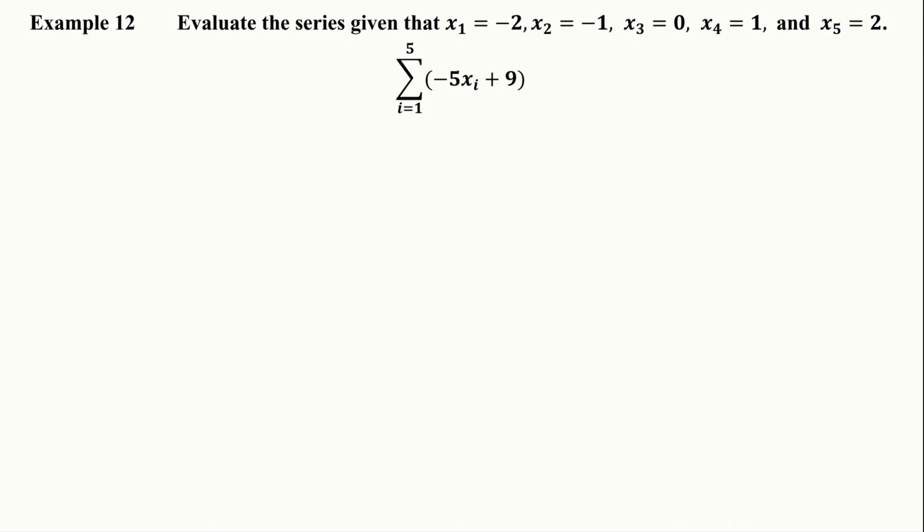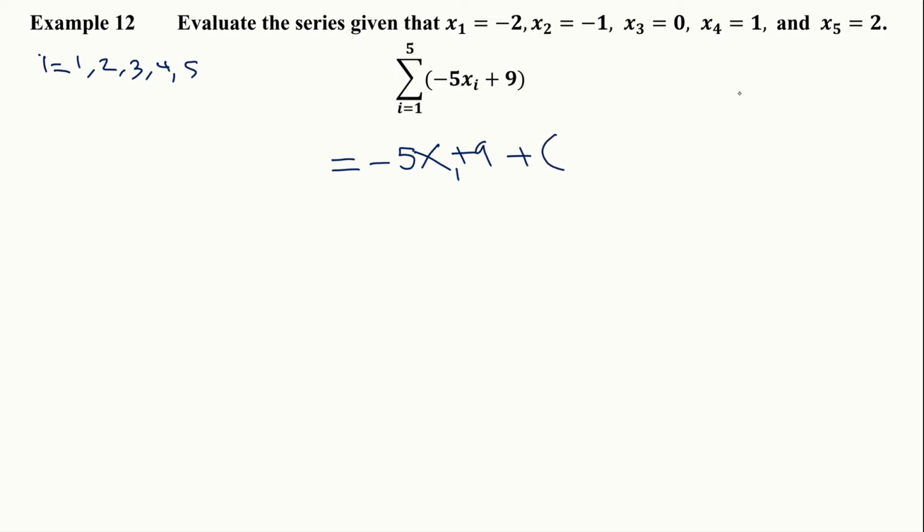All right, this next step is going to have some subscripts involved. So it looks more difficult, but it's not. Here's what we're going to do. We're going to run through the values of the index from 1 to 5 first and keep the x, right? Remember, the values of i we're going to run through are 1, 2, 3, 4, 5. So starting with 1, I get negative 5x, and I'm just going to put the subscript 1, just like that, plus 9, right?